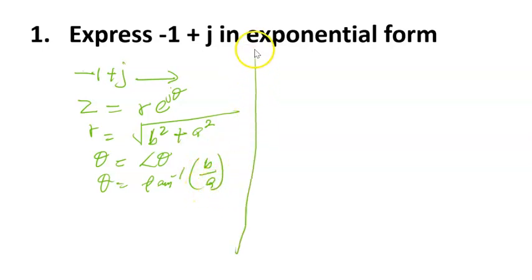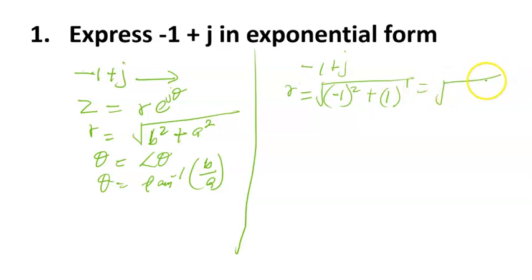Now our question says we should convert minus 1 plus j. This is the rectangular form, so my r here will be the root of minus 1 all squared plus j, where the coefficient of j is 1. That is the root of minus 1 all squared, which is 1, plus 1 squared, which is 1.